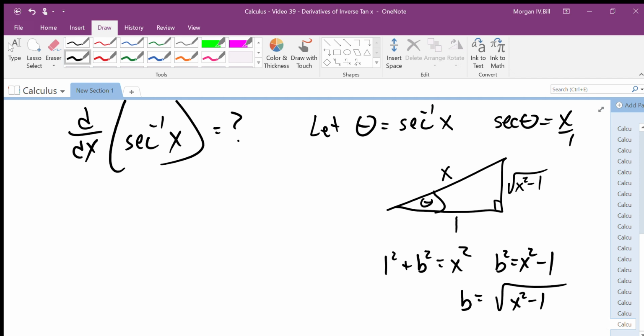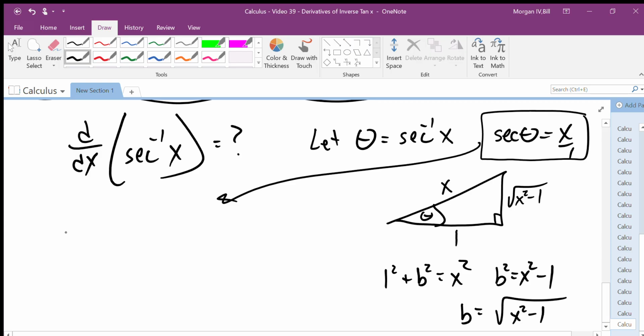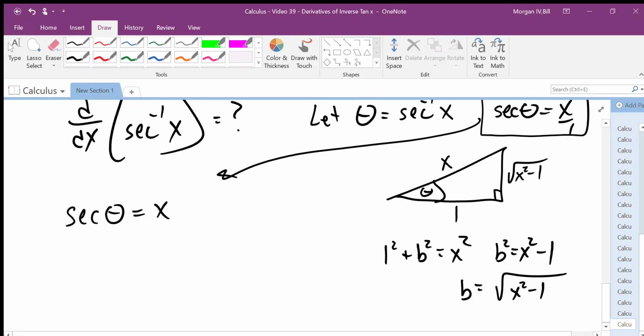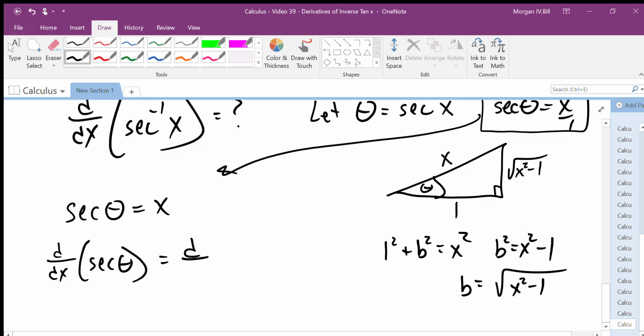Okay. Once we have our triangle built, we'll go back, we'll use secant theta is equal to x. So just kind of rewriting it over here. Secant theta equals x, and we'll take the derivative of both sides. What is the derivative of secant theta? What is the derivative of x?